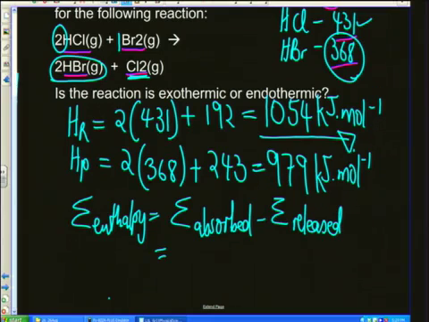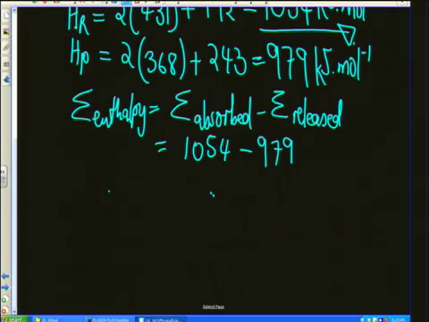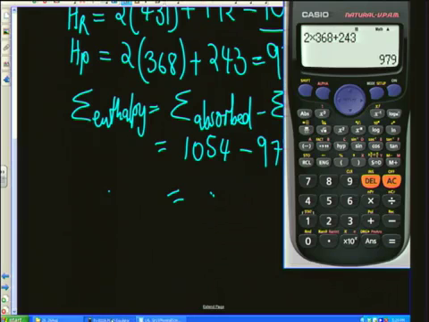So that will be equal to: absorbed is 1054 minus released, which is 979. Use your calculator quickly: 1054 minus 979. What's your answer?